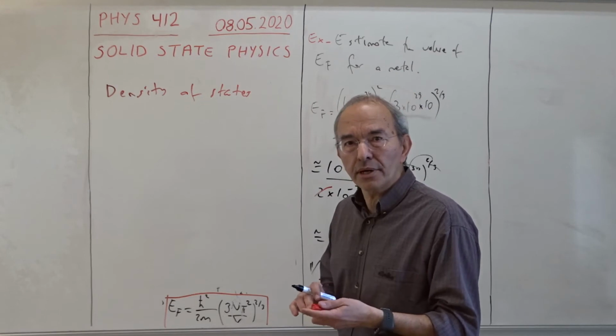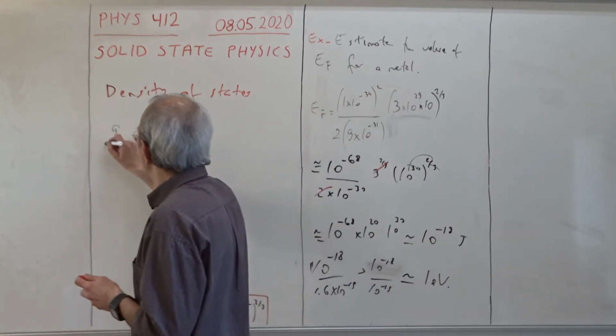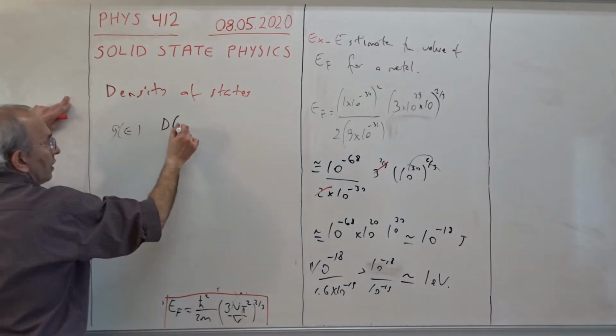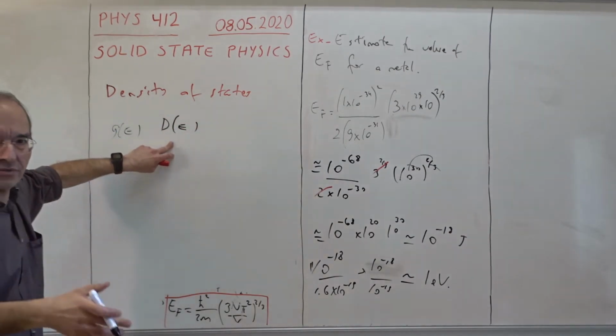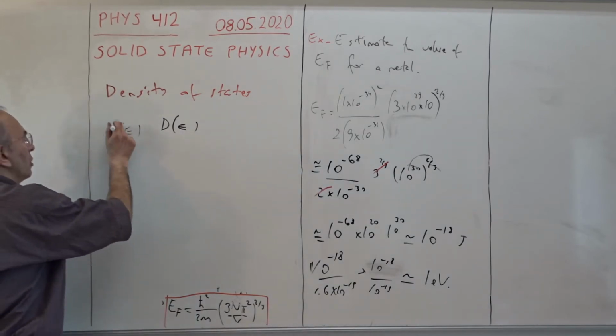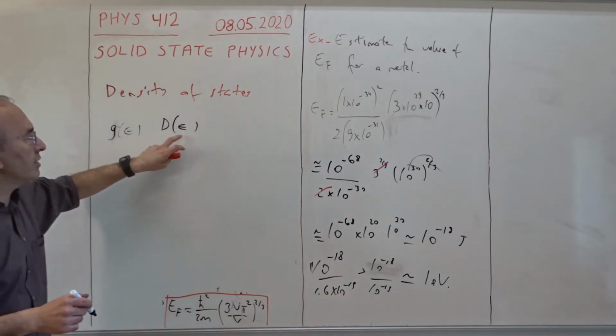It is generally written by G of E, or in some books, maybe D of E, because in statistical physics we generally use D of E, density of states. G of E is also used. So it is a function of energy.